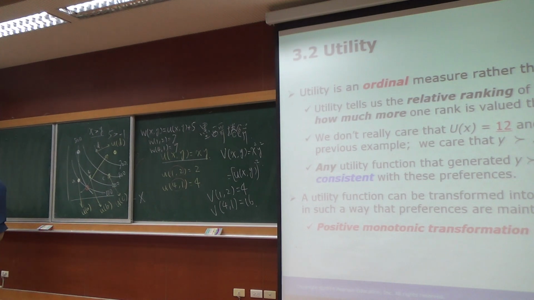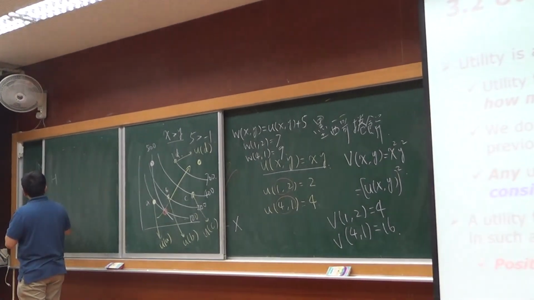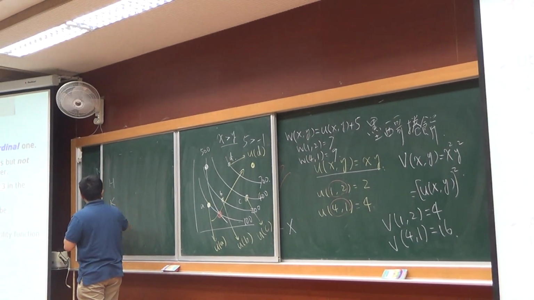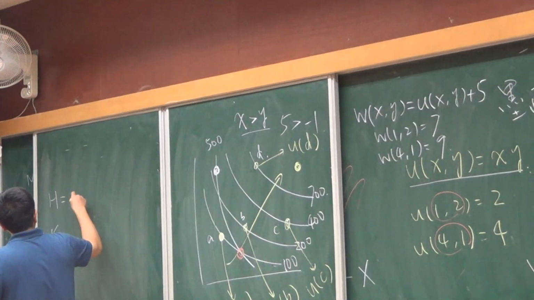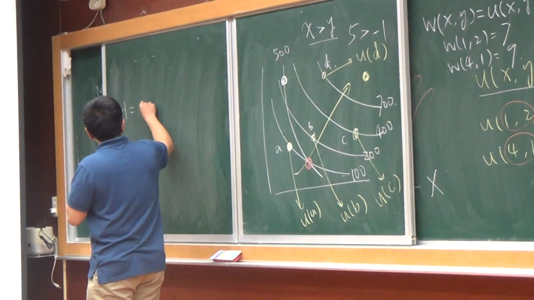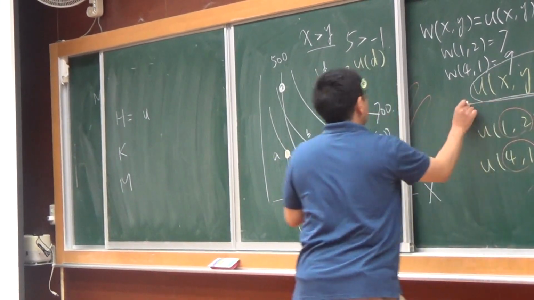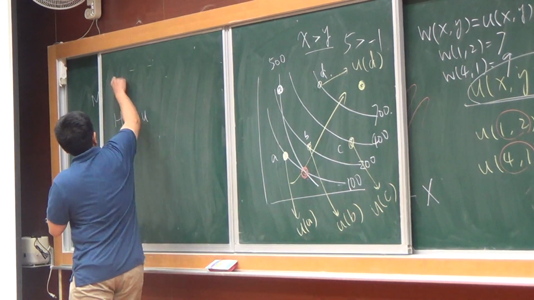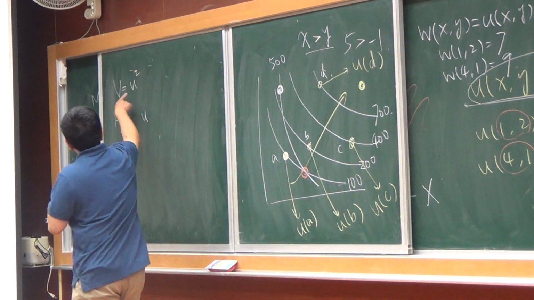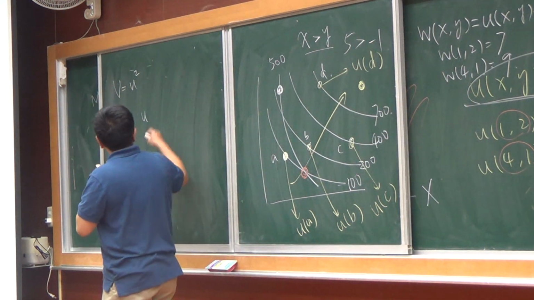I would like to invite you to do something like, if I give you a function h, k, m, for example, which is something transformed from u here. So I just gave you an example. V equals u squared is a positive monotonic transformation.